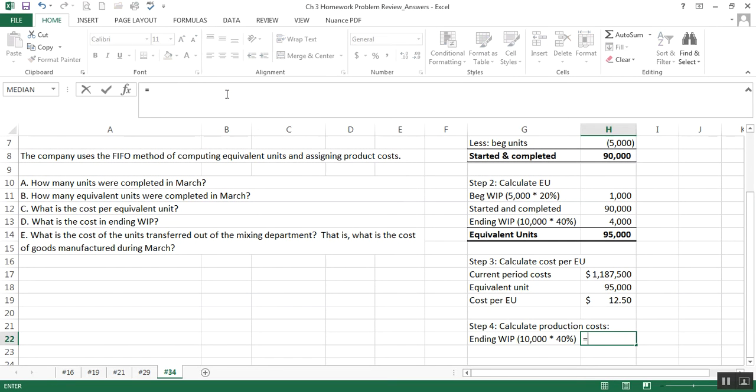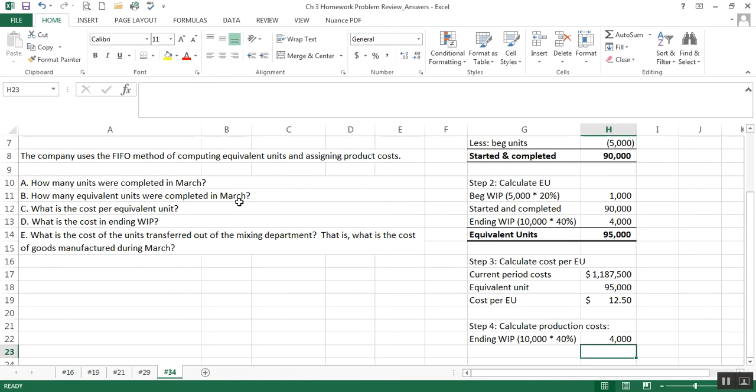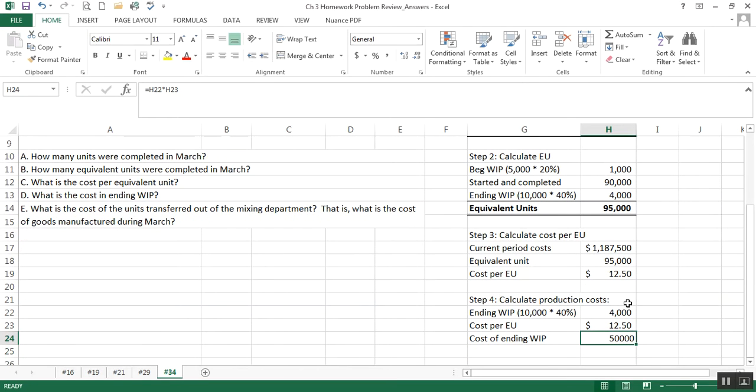Okay, so that's 4,000. 10,000 times 40%. And then our cost per equivalent unit equals $12.50. Therefore, our cost of ending WIP equals 4,000 times 12.50 is $50,000.